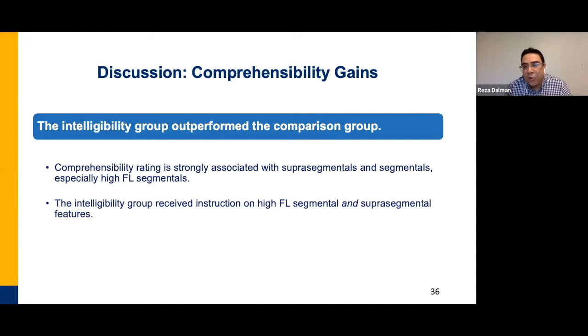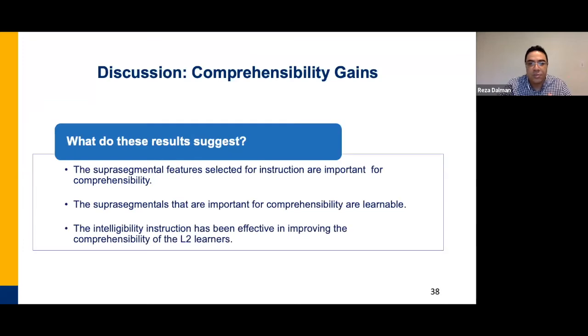And as the results of pronunciation analysis showed, the intelligibility group that received instruction on suprasegmentals could improve lexical stress, pace, and level tones. However, the comparison group that received no instruction on suprasegmentals did not show any significant improvement on each one of these suprasegmental features.